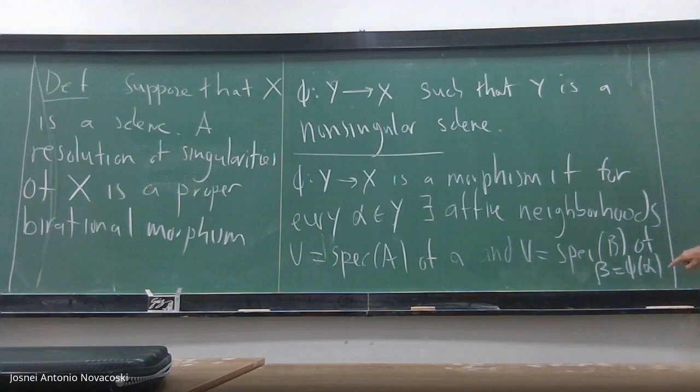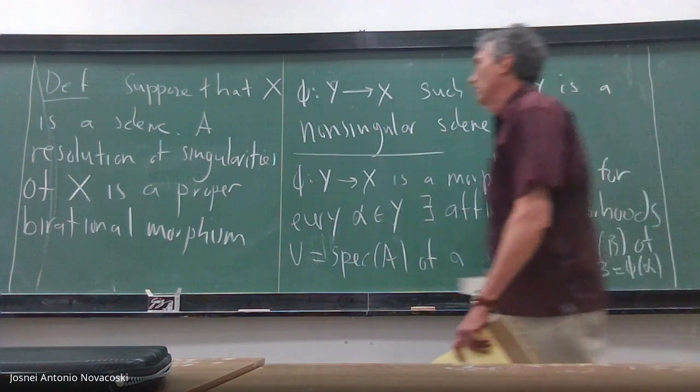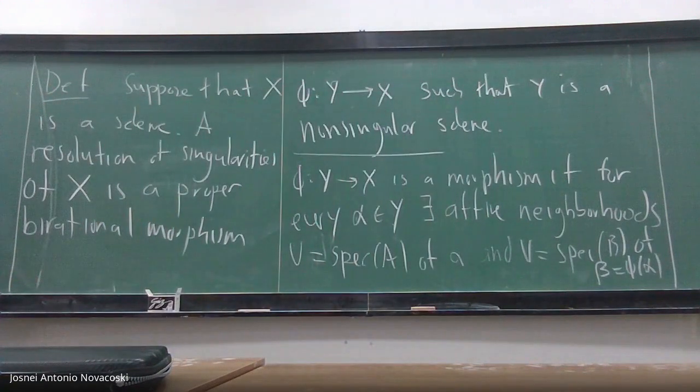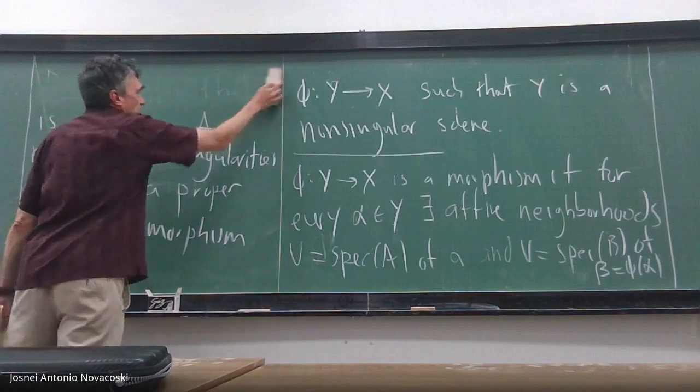Is this legible? It's getting a little difficult, I know. So I'm going to have to unfortunately erase this part of it. So we have a morphism which resolves singularities, and I'm going to tell you what the different words mean.